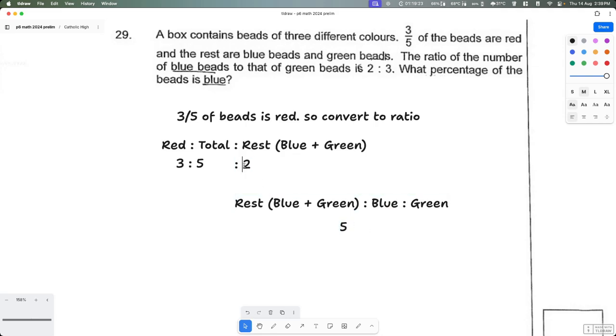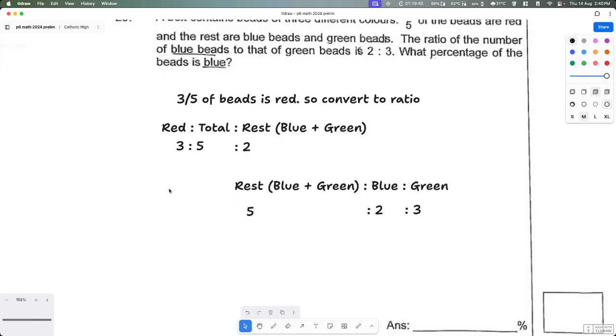So this blue will be 2, and this green will be 3. Okay. So we need to find a common thing over here. The rest is this 2 and 5. So that means we need to multiply this by 5. So all of this must be multiplied by 5. And then this, we need to multiply by 2.